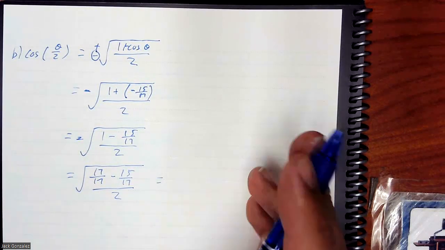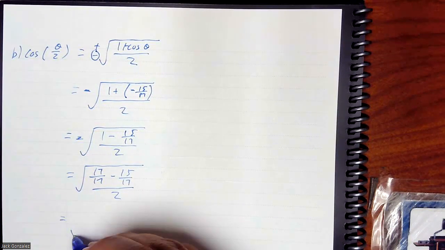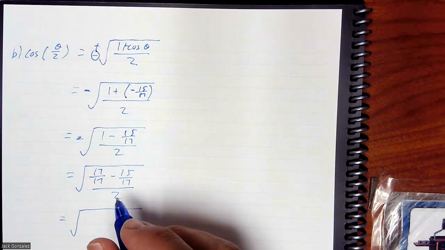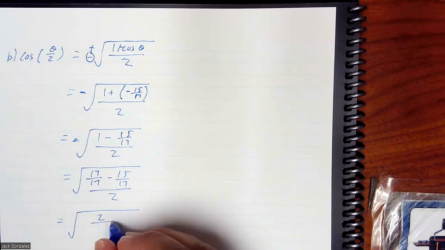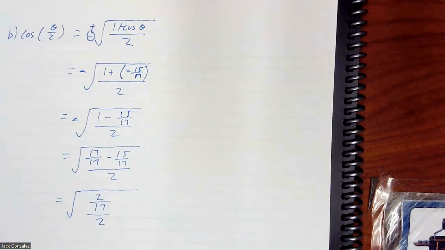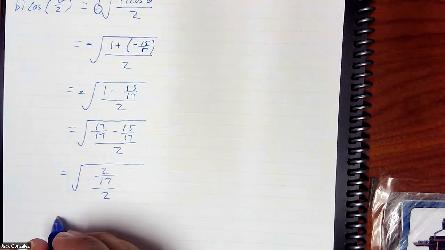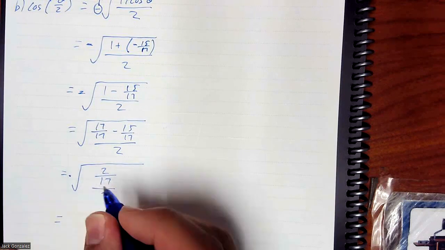That gives us 2 over 17 divided by 2, which cancels the 2, gets us to, oops, forgot my minus.